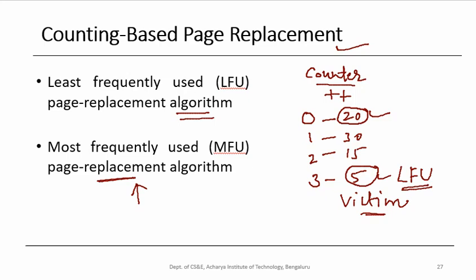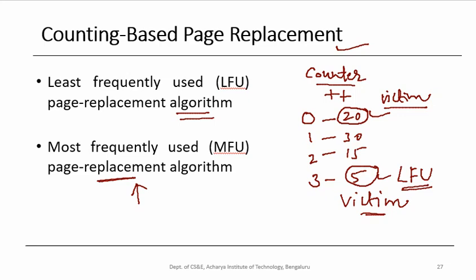So in this case, the page with the highest value in the counter is selected as the victim. This approach is called the most frequently used approach, where the most frequently used page is selected as the victim page.